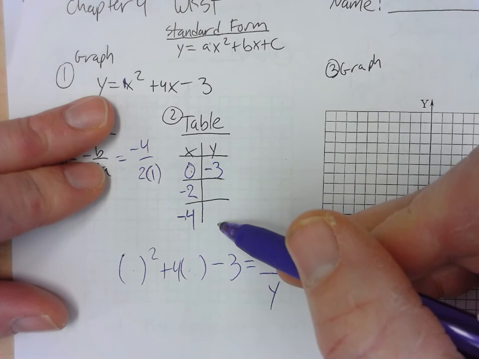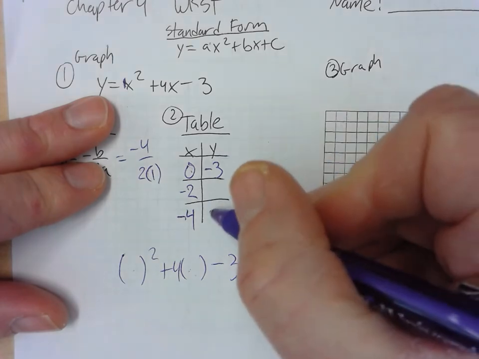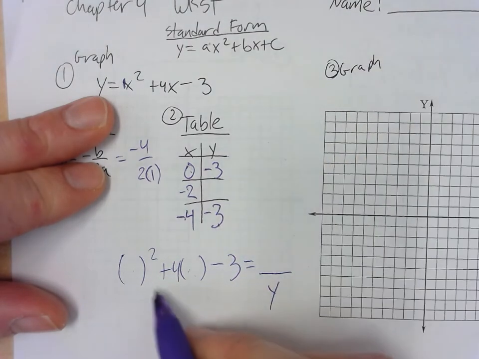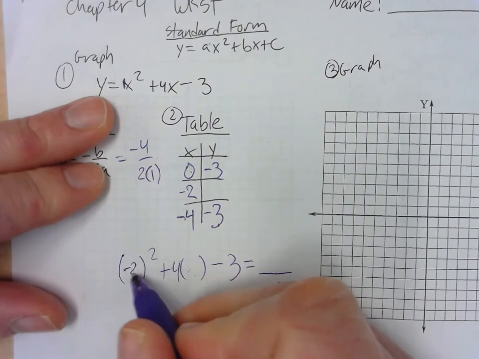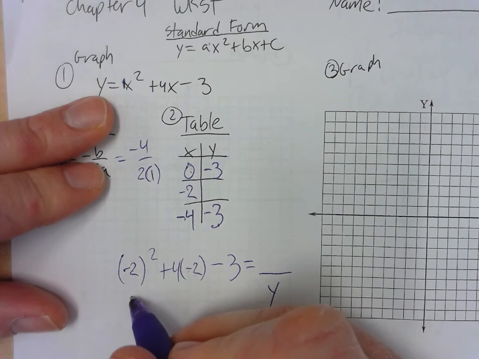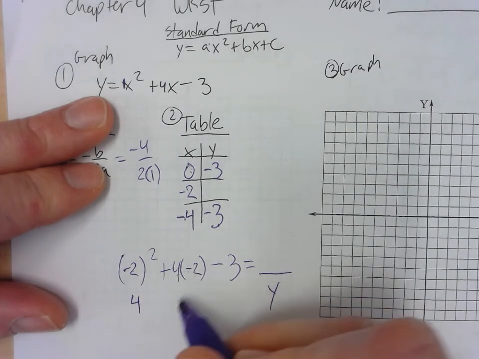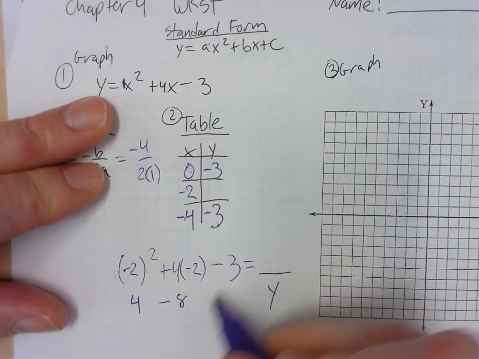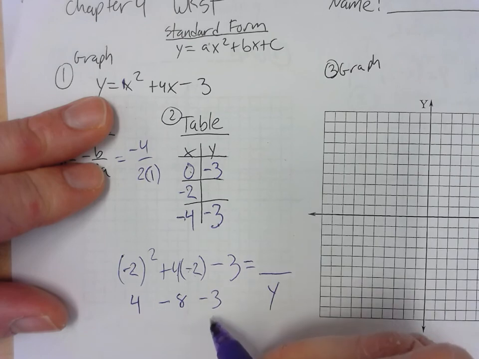These two answers are always the same because of symmetry, so this is also going to be negative 3. So really the only thing I need to put in is negative 2. Negative 2 squared is 4. 4 times negative 2 is negative 8, and then minus 3 more would be negative 7.